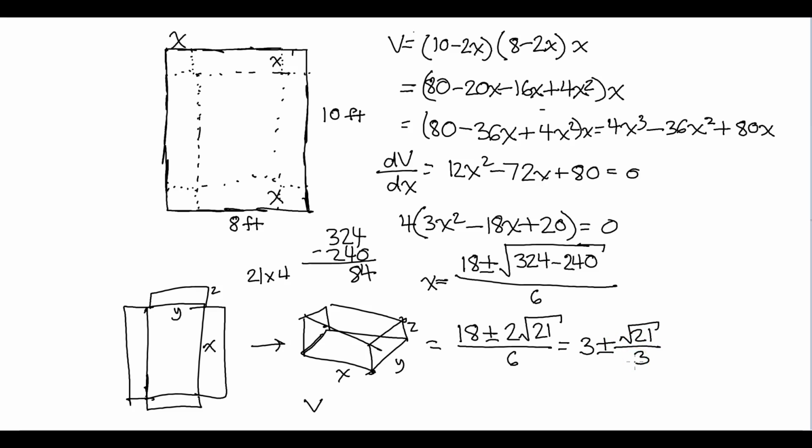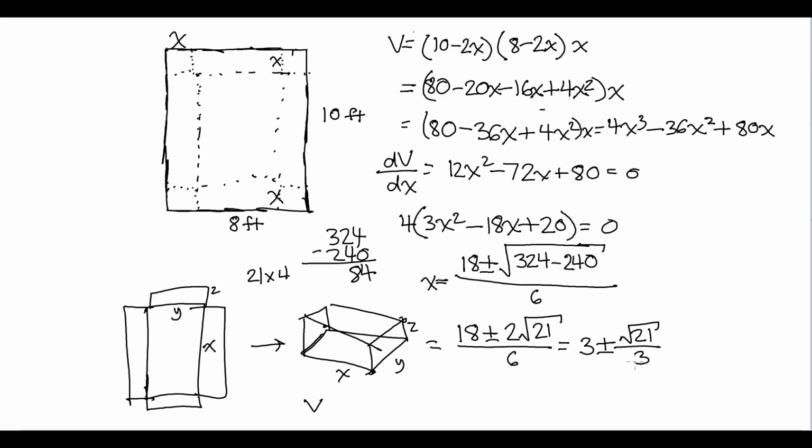Now, what does that actually mean? If we were to add the square root of 21 over 3, the square root of 21 is an approximation, but I would say it is a little more than 4. So we have 3 plus a little bit over 4 over 3 maybe.